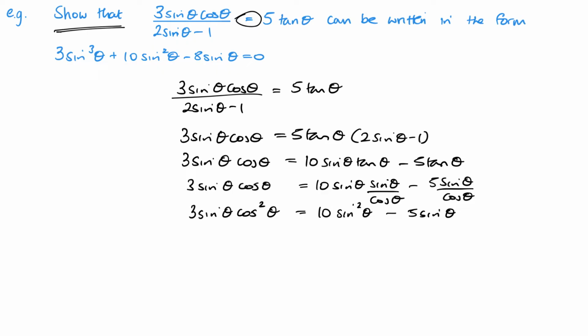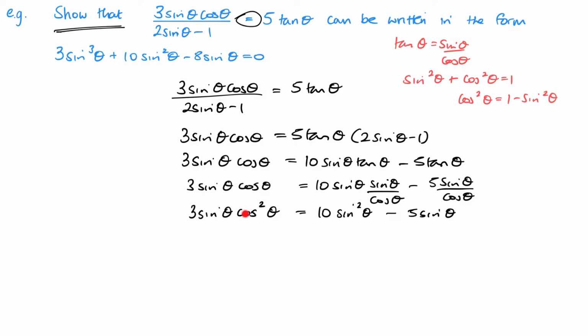So let's have a think back to our identities. So we obviously had tan theta equals sine theta over cos theta, which we've been using. And we have sine squared theta plus cos squared theta equals 1. Now I can rearrange this second one, can't I? Cos squared theta is equal to 1 minus sine squared theta.